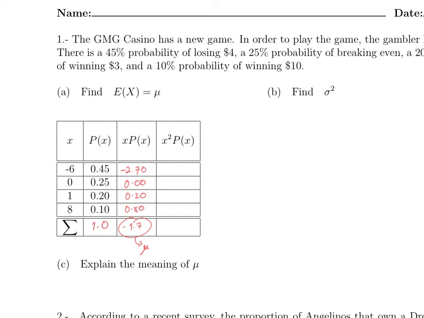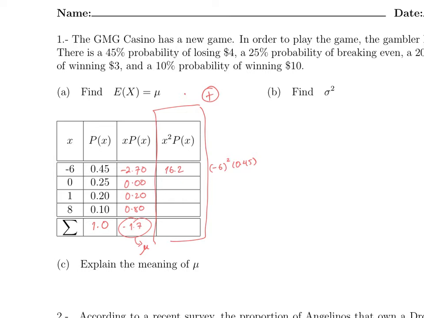Now, to find the second column, you have to be careful. Remember that you have to square this value and then multiply it times this one. So it will be minus 6 squared times 0.45, which according to my record is 16.2. The values for this column are always positive.